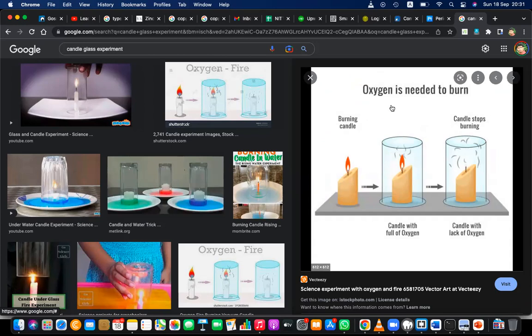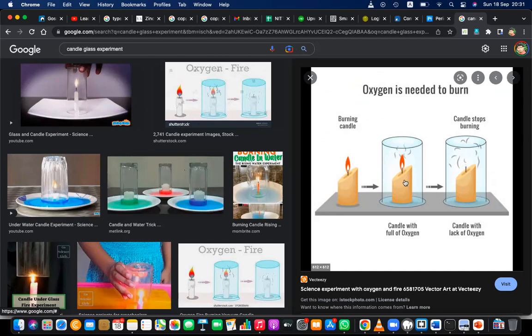But you have to take the glass out and expose this to the normal environment, and after that, if you put it again, then again you can keep it burning for some time.